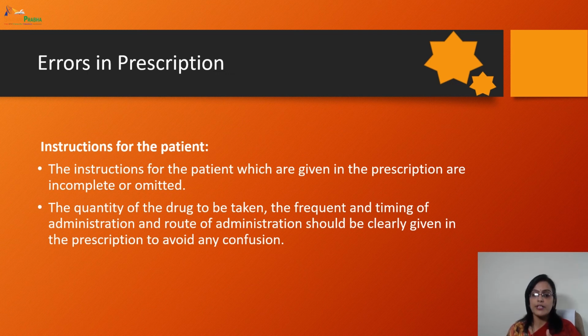So the quantity of the drug to be taken, the frequency of administration, timing of administration, and route of administration should be clearly given in the prescription so as to avoid any confusion. Timing and frequency are important, for example if some medicine has to be taken before food.